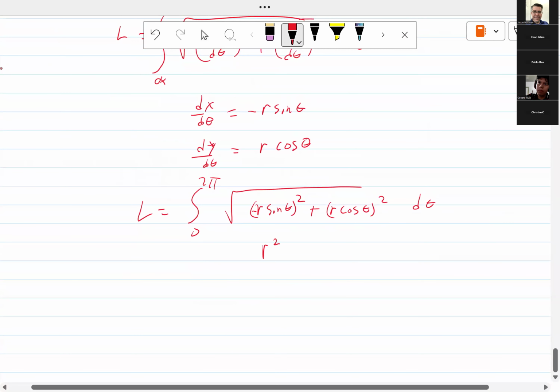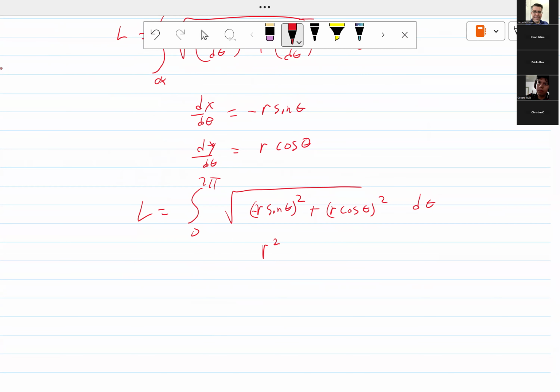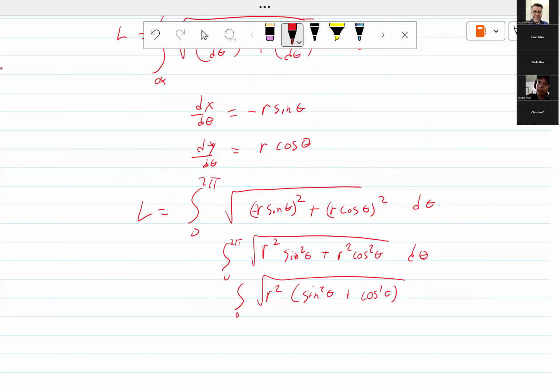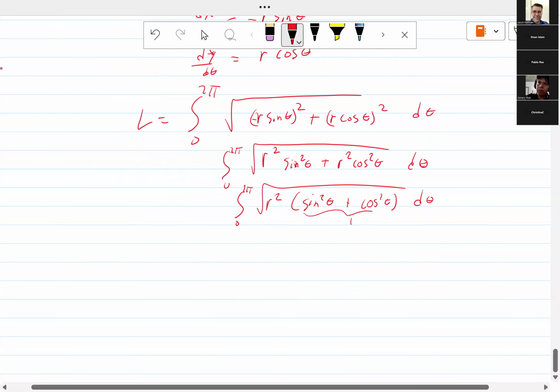This becomes r squared sine squared theta plus r squared cosine squared theta. Then I'm going to factor out the r squared: the square root of r squared times sine squared theta plus cosine squared theta, from 0 to 2 pi d theta. This becomes 1.